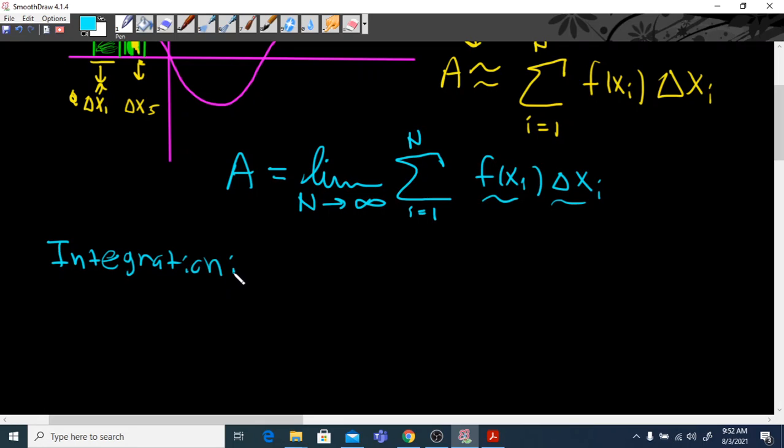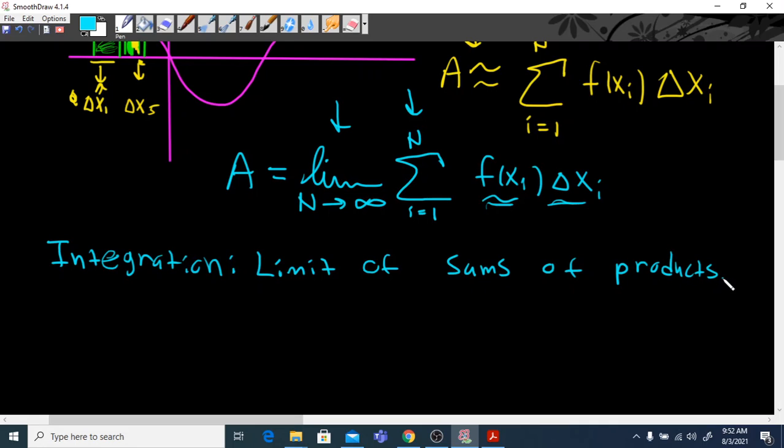What is it fundamentally? It is a limit of sums. Here's the limit part, here's the sum part, and each piece of the sum is a product. Limit of sums of products. That's what integration really is.